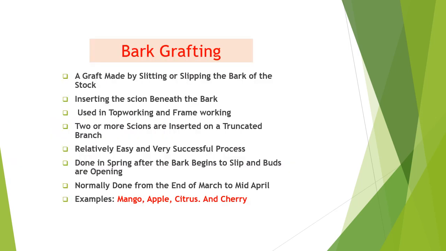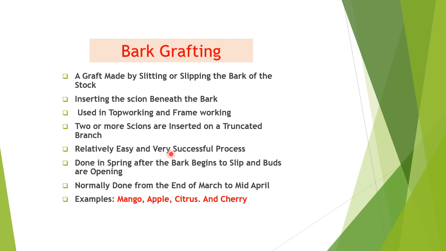And there is one more grafting that's called bark grafting. Bark grafting, as you know, is the graft made by slitting or slipping the bark of the stock. You are using a stock plant which has a bark, and you insert the scion beneath the bark. It's used in top working and frame working. Two or more scions are inserted on a truncated branch.